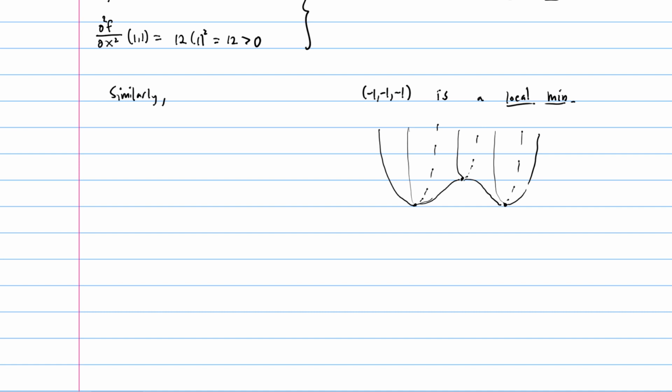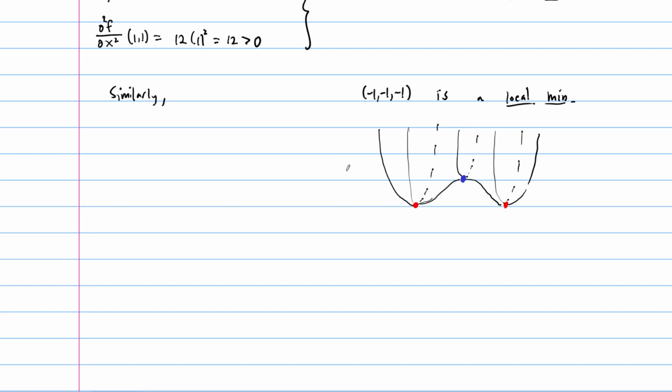So the surface is going to look something like this, where we have our local minimums here, and our saddle point in the middle. This is the one that's above the origin in the xy plane.